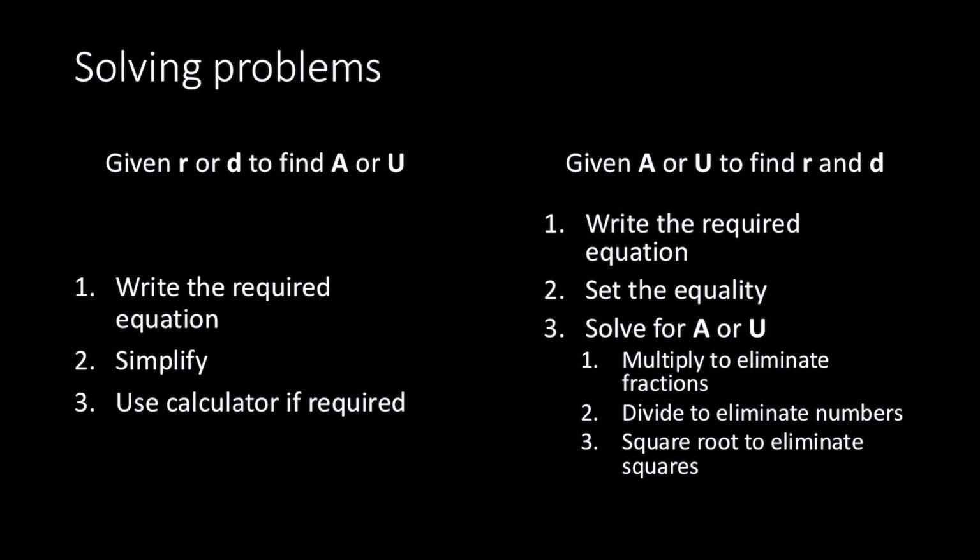So solving problems, depending on what you need to do, there are different steps. If you start out with a radius or a diameter, so if that's what you're given, then you can either find the area or the Umfang. Step 1 is to write the equation that you need, so that will be A equals pi r squared, or pi d over 2 squared, or U equals 2 pi r or pi d.